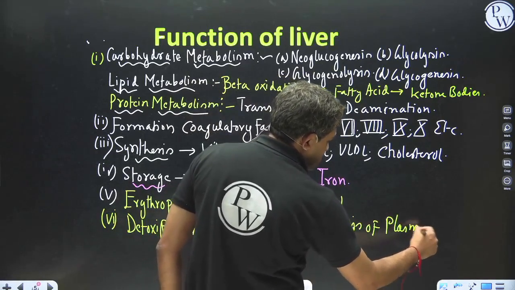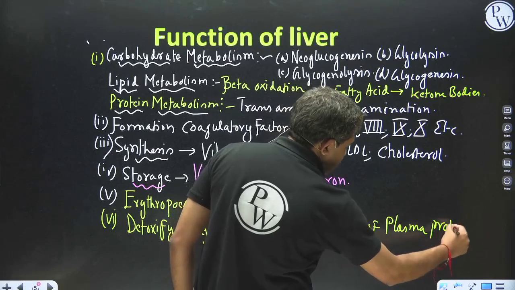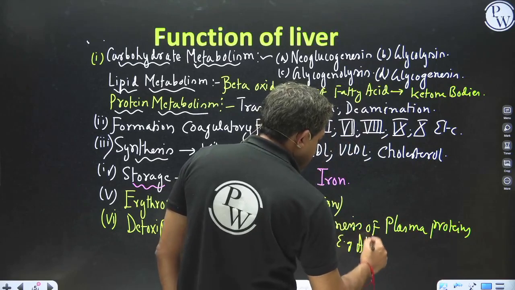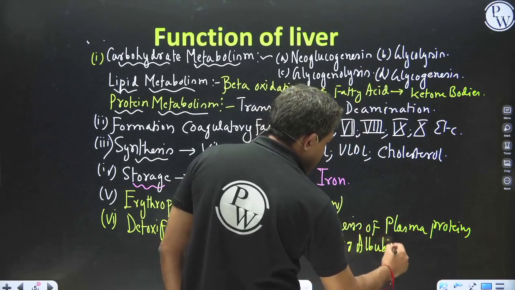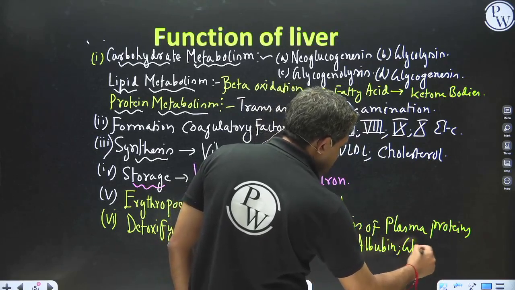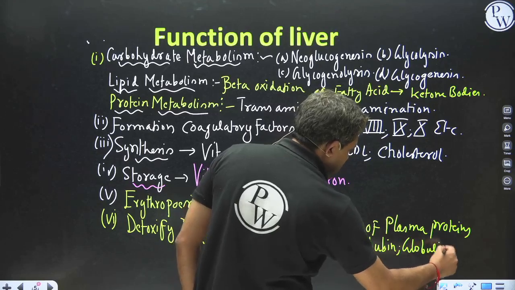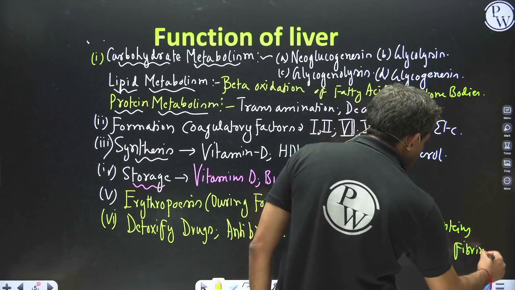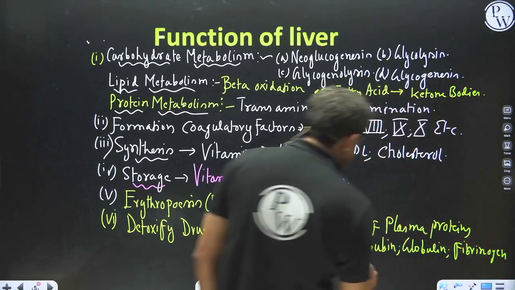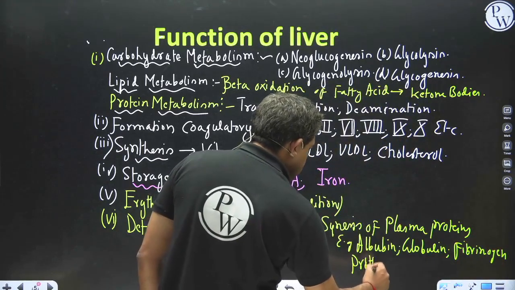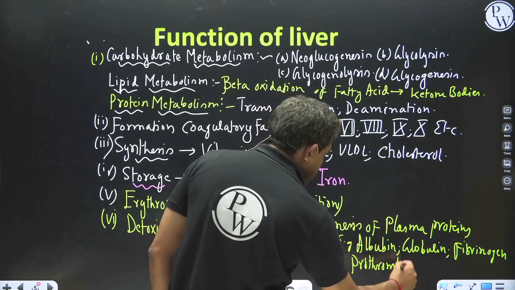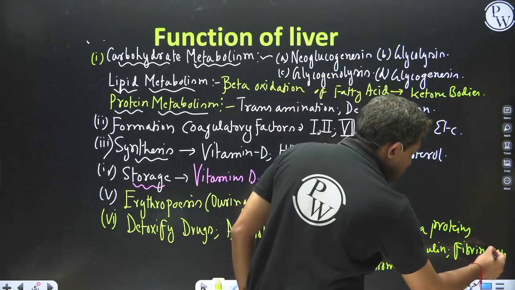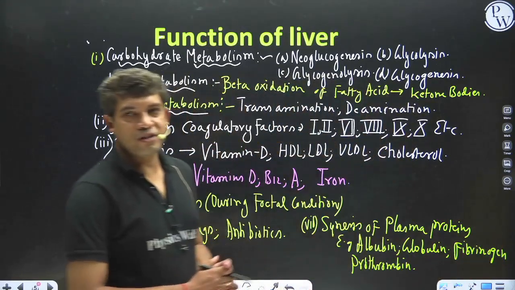Examples are albumin, globulin, fibrinogen, and prothrombin. Prothrombin, along with fibrinogen, is associated with the coagulation of the blood.